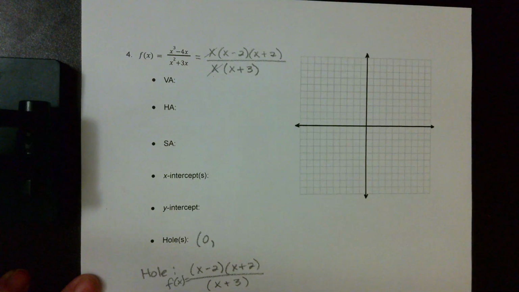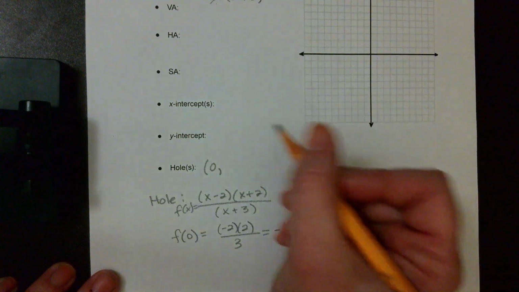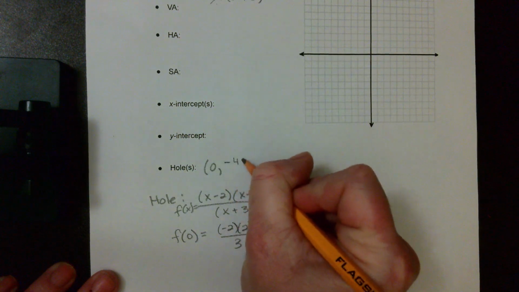So now if I find f of 0, that will be negative 2 times positive 2 over 3, which is negative 4/3. So my hole is going to be 0, negative 4/3.